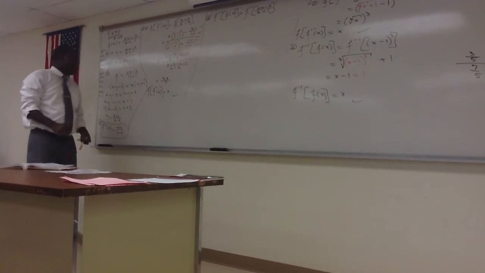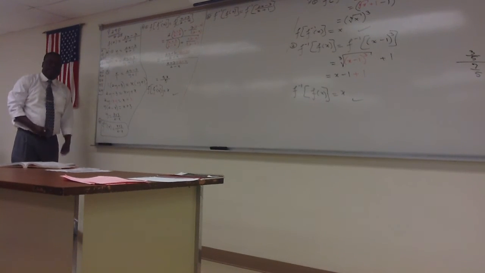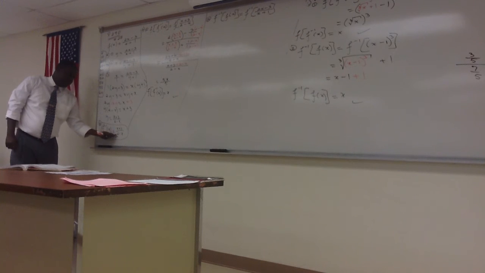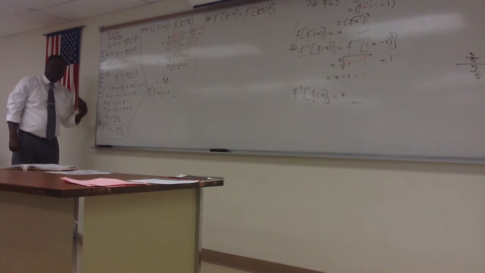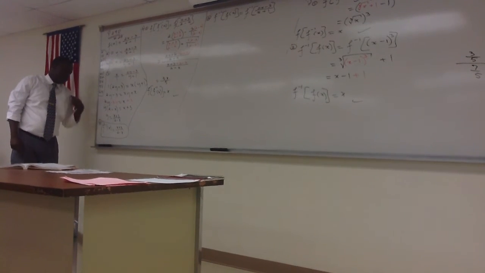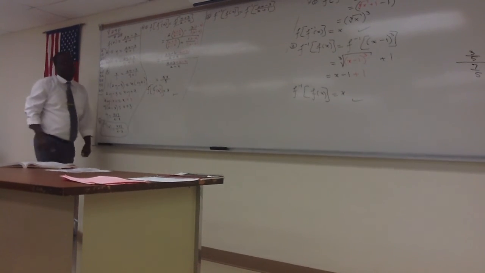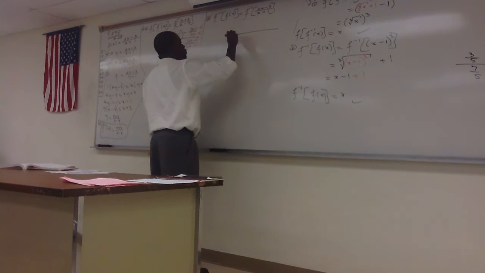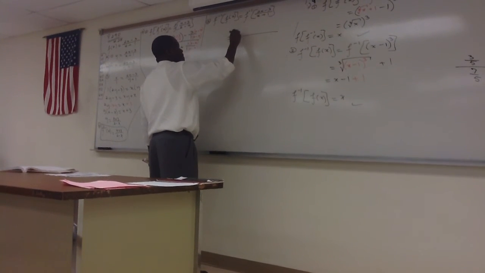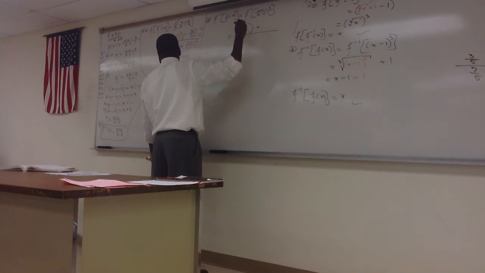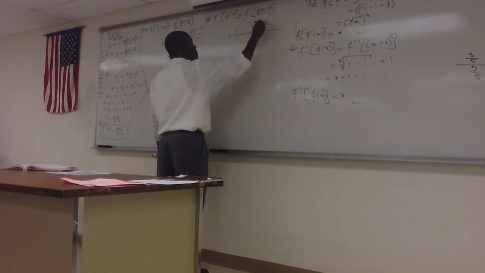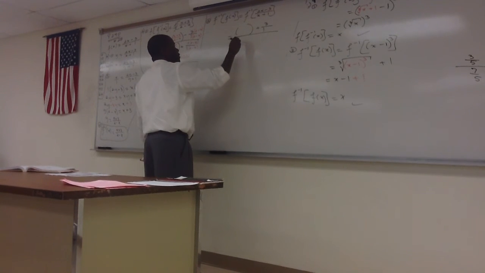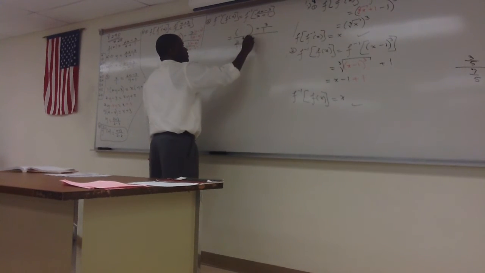Again, we have to go back to f inverse to see how it's defined. It is whatever you see inside plus 3, over 2 minus whatever you see inside. So this is whatever you see inside plus 3, over 2 minus whatever you see inside.